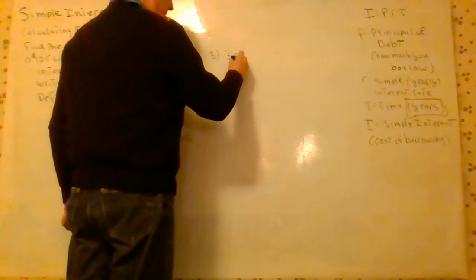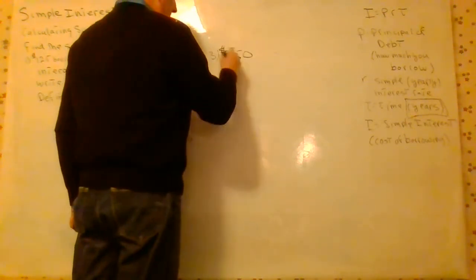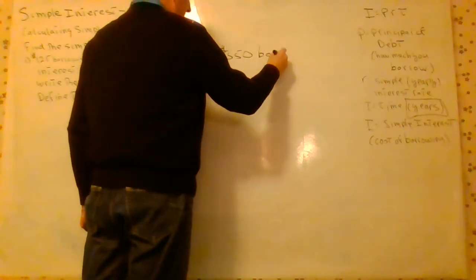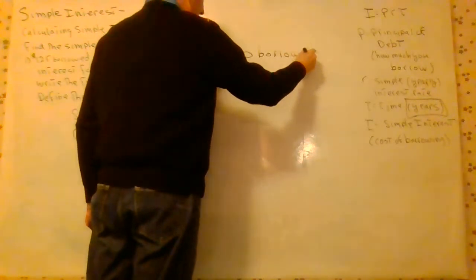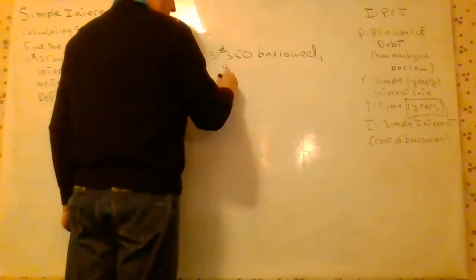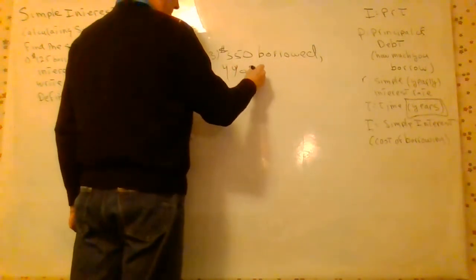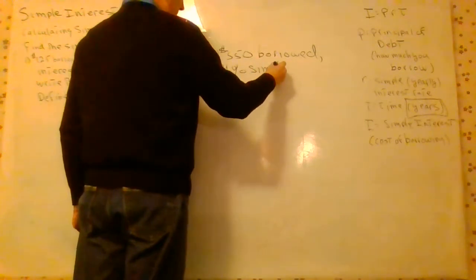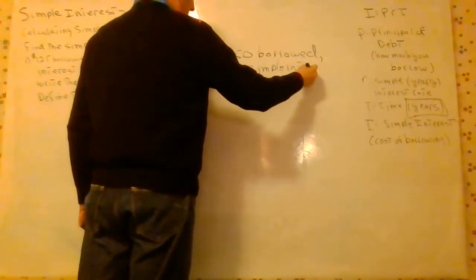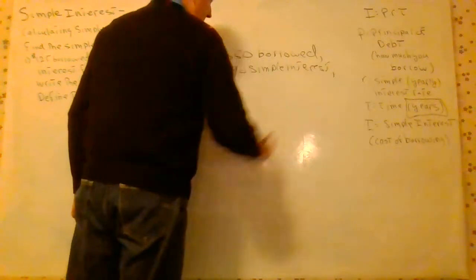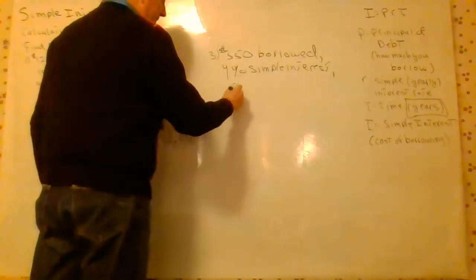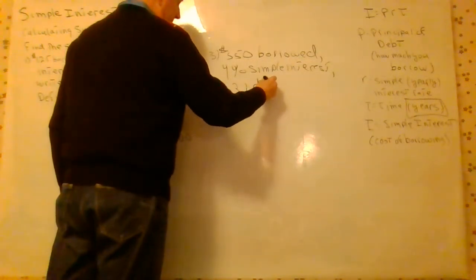And 3, let's suppose we have $350 borrowed and 4% simple interest for 31 days.